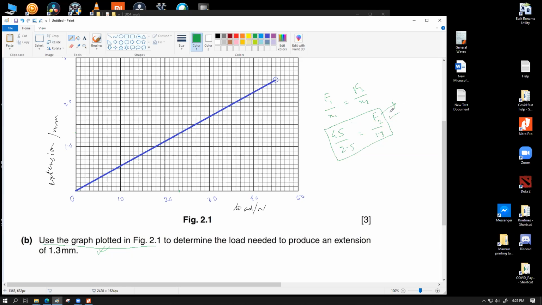If the calculated answer, which is the correct answer, somehow did not match their graph, let's say they did something wrong in plotting the graph or in the scaling, then they were not given this mark at all. So the examiners are expecting the kids to use their own graph to get this value as the question instructs. It's important that you read the question carefully and follow the instructions.